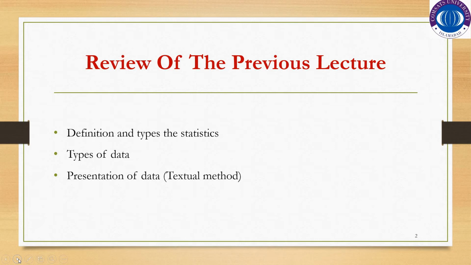Types of datasets. We have different types of datasets. Grouped, ungrouped data. And the third one we have studied is the presentation of the dataset. There are three approaches to represent dataset, that are textual method, tabular method and the graphical method. In tabular method we have studied there are two methods that can be used.